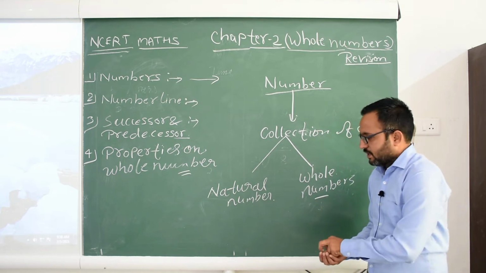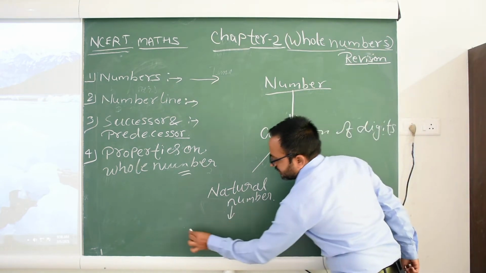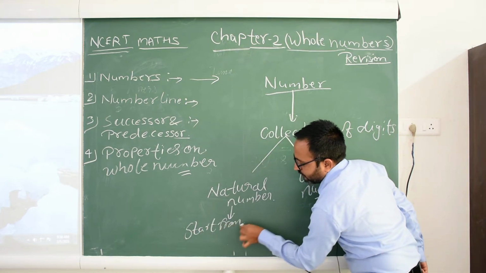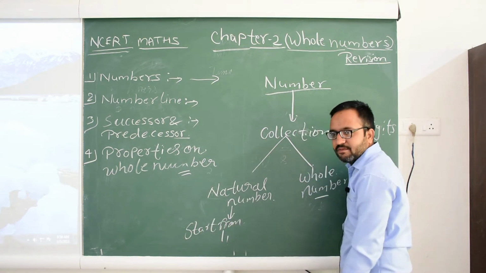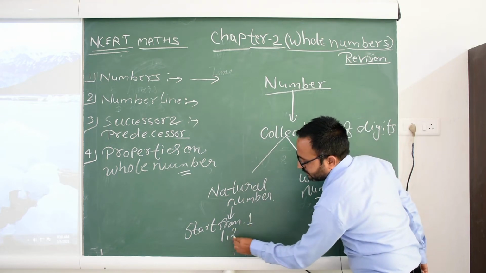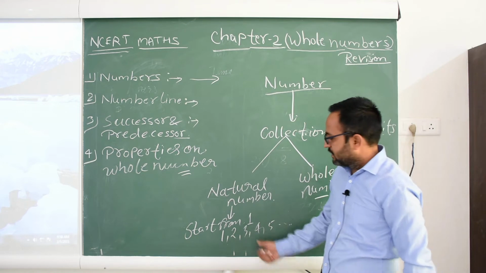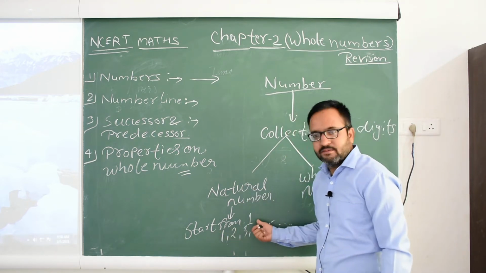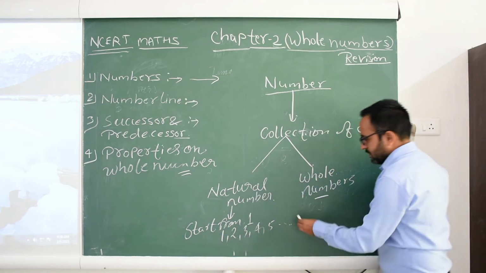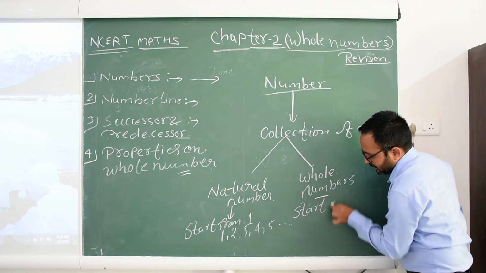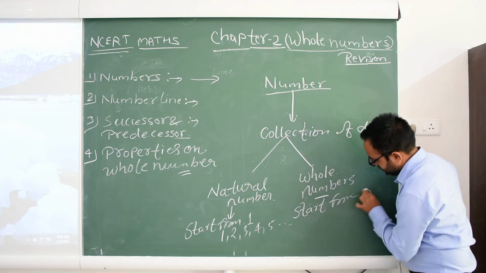The answer is that natural numbers start from 1. Natural numbers start from 1, that means 1, 2, 3, 4, 5, 6 and so on. But whole numbers start from 0.